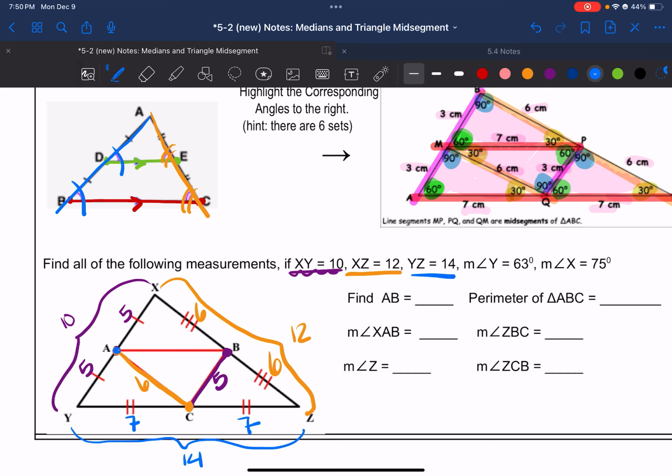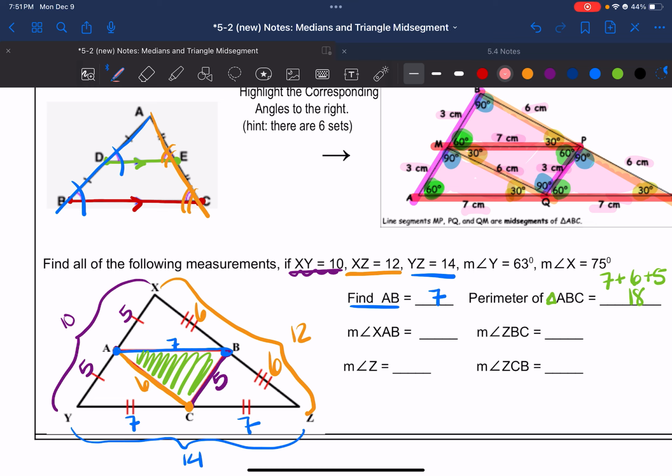Then if we look at Z to C to B, that is 60 degrees. And X to A to B is also 63 degrees.